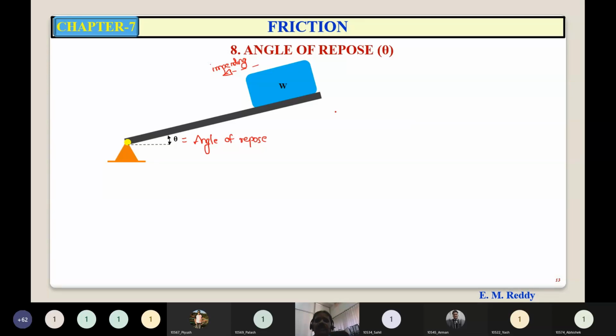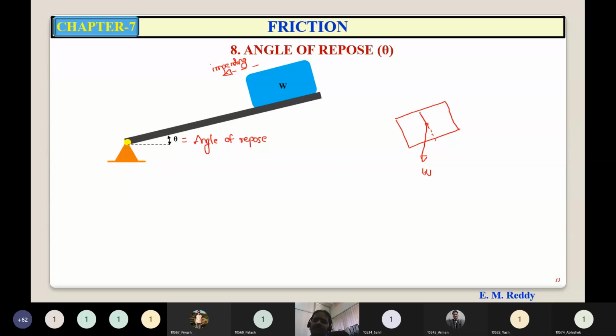Suppose if you draw a free body diagram of this block at this stage, tell me now what are the forces acting on the body? Weight of the body, which always acts vertically downwards. Then normal reaction offered by the platform.